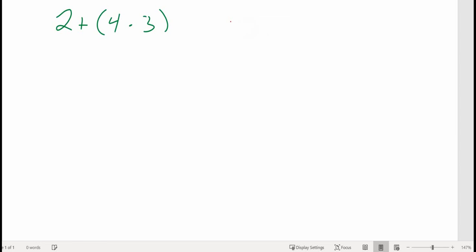Now, if I think about what the multiplication means, 4 times 3 just means we're adding 3 four times, right? 3 plus 3 plus 3 plus 3. Now, I've got everything written as addition, but unlike in the last case, no matter how I regroup this, it's not going to wind up being the same, right? Because we're just adding a bunch of 3s and a 2 here.